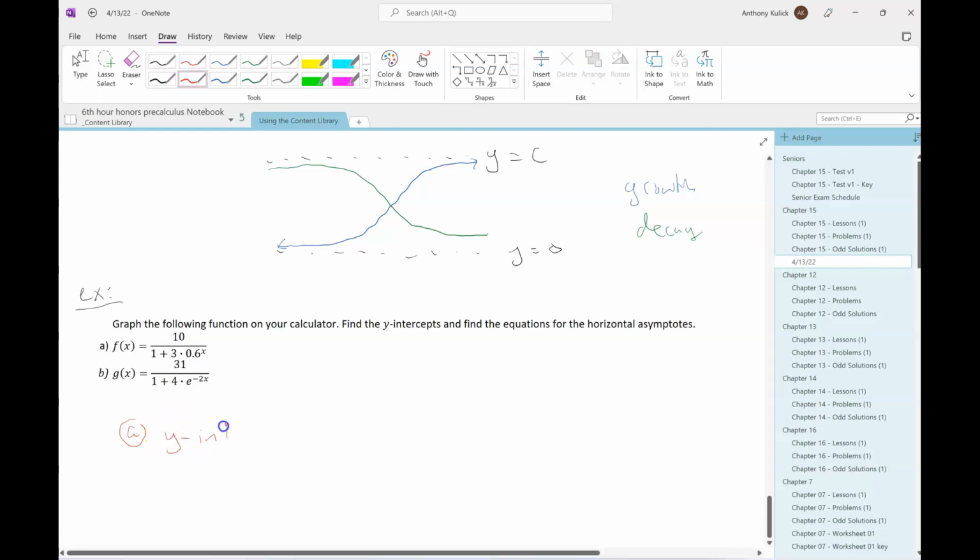So to get the y-intercept, all y-intercepts have the same x-coordinate. What is the x-coordinate of a y-intercept? Zero. So I just would do f of 0.